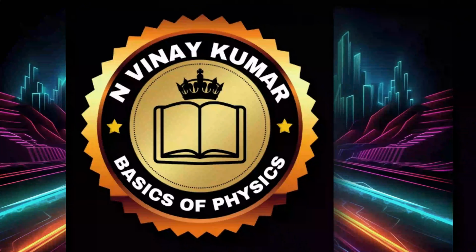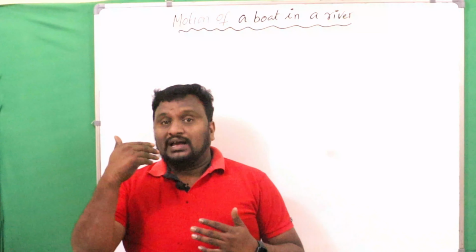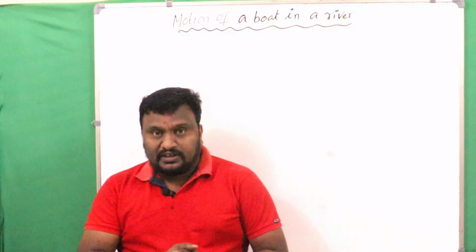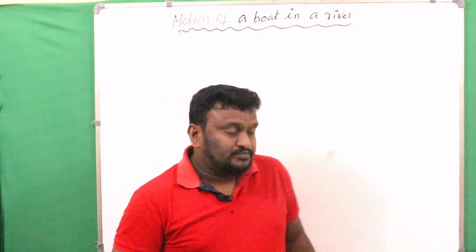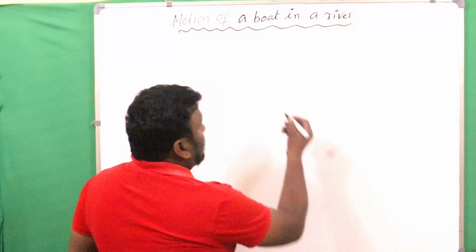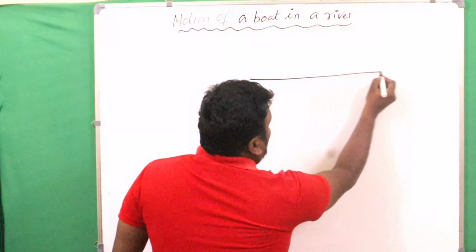Students, before going to the topic, you have to get some idea about the notations. For example, this is one bank of the river and this is the other bank of the river, and the river has a particular velocity for the water.